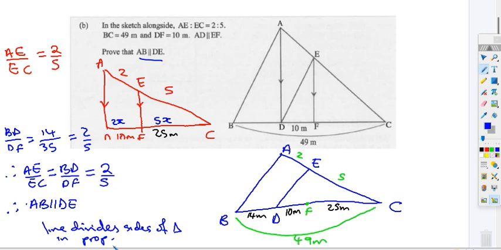Try to make sure that you fully understand the concept of proportionality, both sides. The first one, where you are given a parallel line that divides lines in proportion, and where you are given sides in proportion which confirm that two lines are parallel. All right, that's all I have for you now.